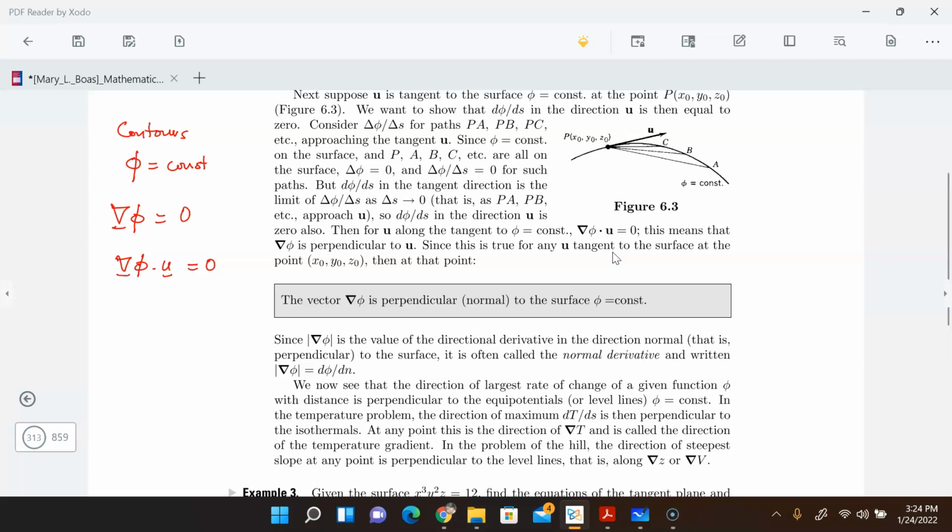I'm trying to see here. Give me a minute. Missing a particular point here.